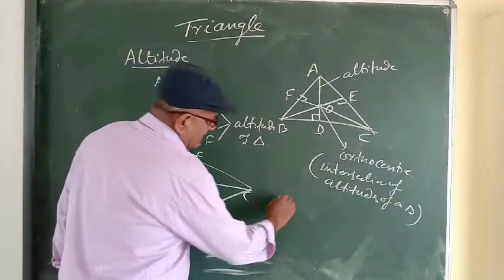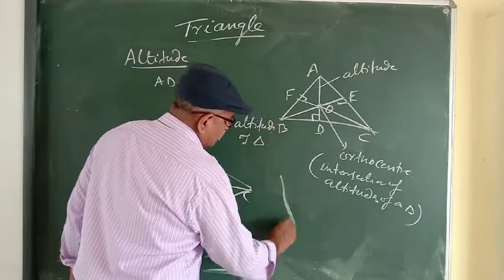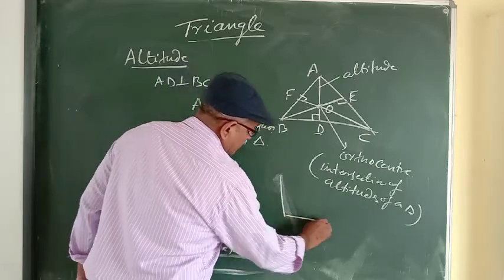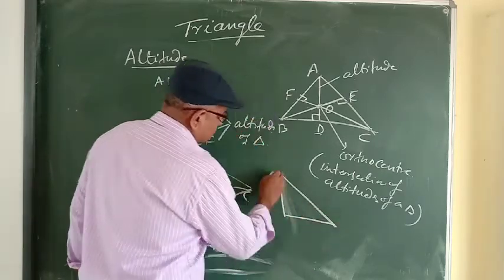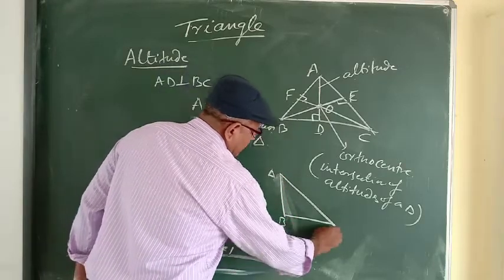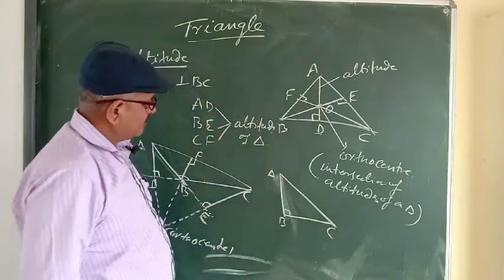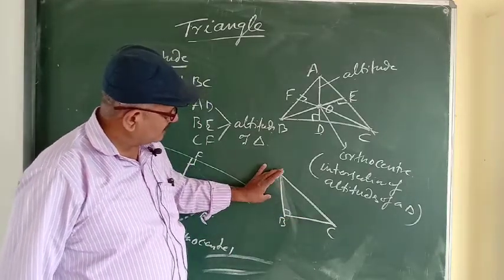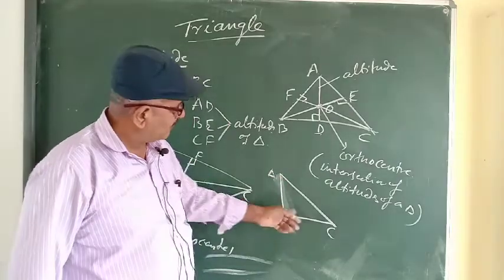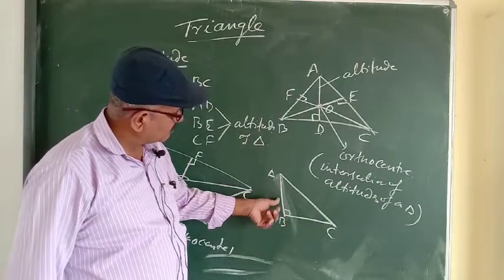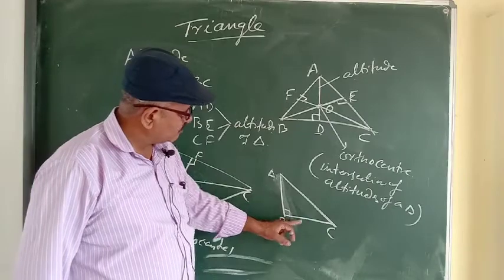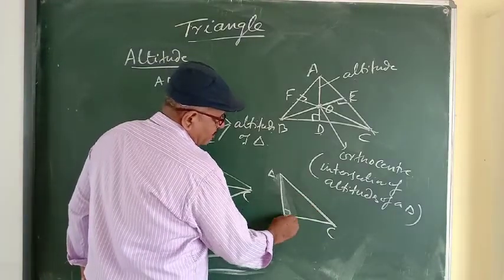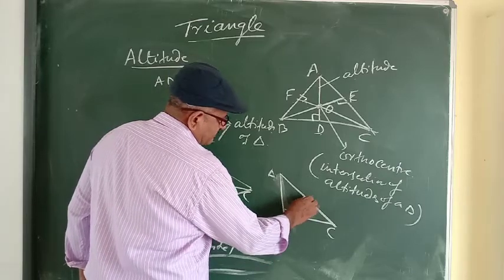In case of a right angle triangle, suppose ABC is a right angle triangle, angle B is 90 degree. So AB is perpendicular to BC. AB is the altitude corresponding to the side BC, and BC is the altitude corresponding to the side AB. So these altitudes meet at point B. From B, we will draw the perpendicular on opposite side AC like this.